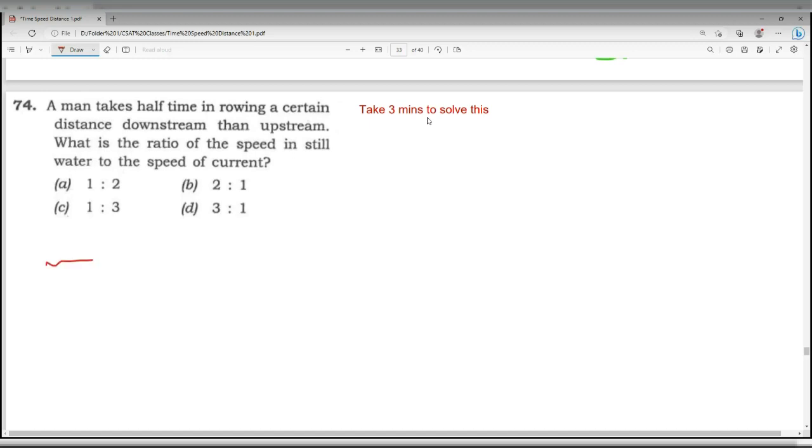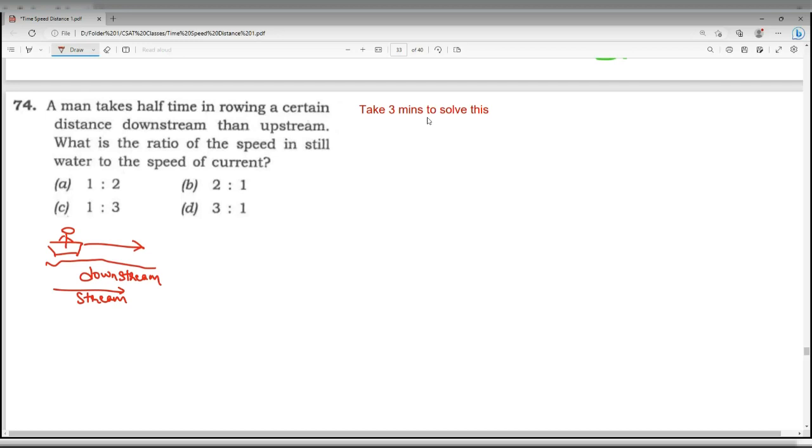So this is the water stream, and this is the boat, and he's rowing here, and the time taken to go downstream is a direction in the direction of the stream. This is the stream direction, and if he's rowing downstream, what they're saying is he is taking half the time that he's taking for upstream rowing.